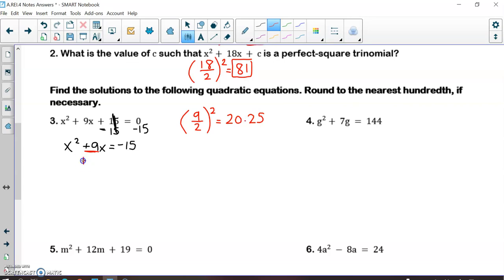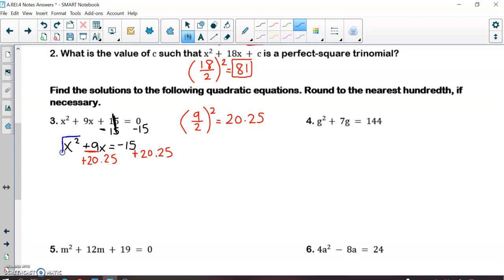However, in order to keep this equation balanced, if I add it to one side, I need to add it to the other because I cannot change the value of this equation. So in equations, what you do to one side, you must always do to the other side. All right, now on the left, I have a perfect square trinomial. What I'm going to do with this is factor this perfect square trinomial, which is something that we did in our last standard.